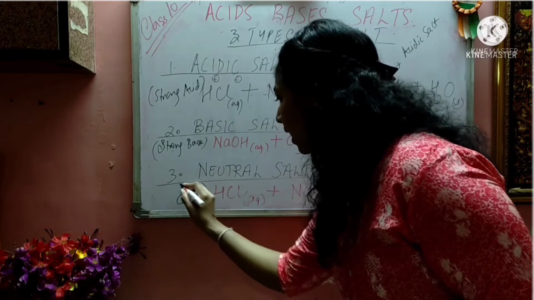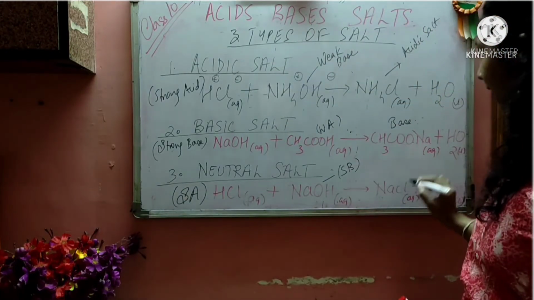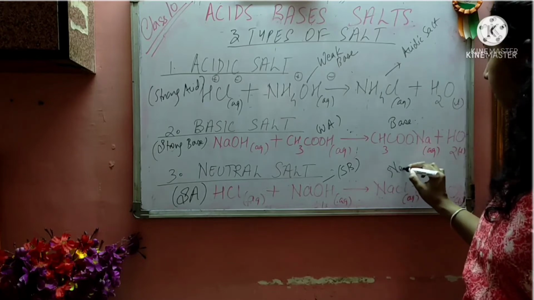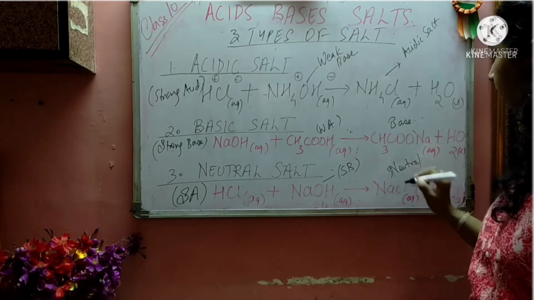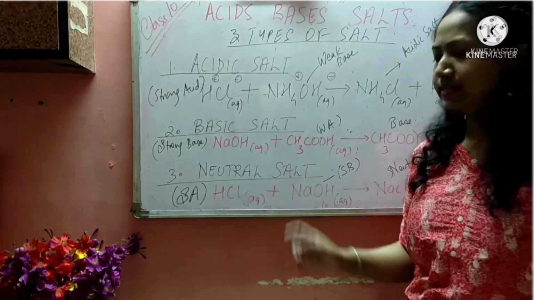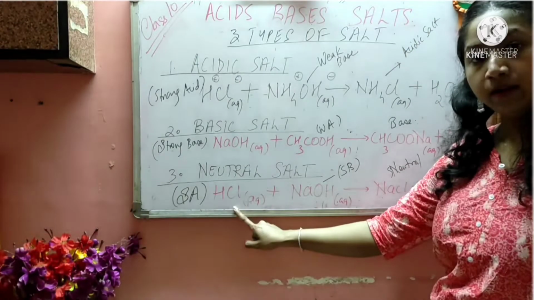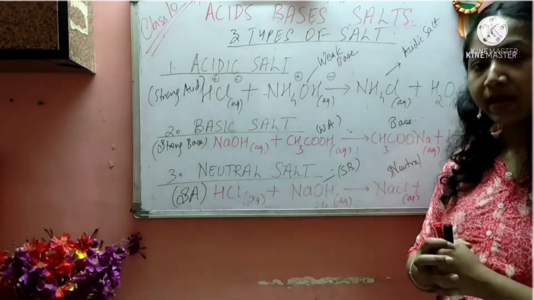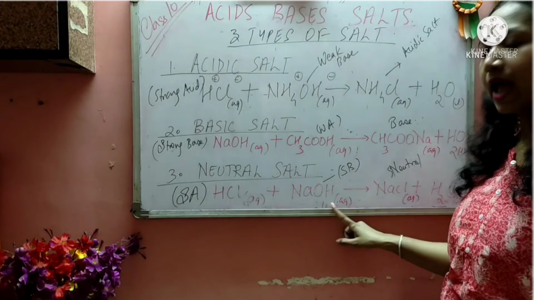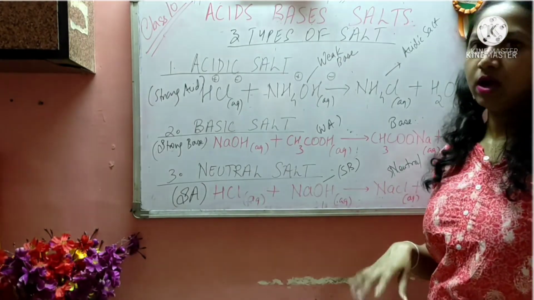SA stands for strong acid, this is strong base, and this is neutral. So you get neutral salt when strong acid, which is HCl, reacts with a strong base, which is sodium hydroxide, and you get salt, which is sodium chloride, and water.